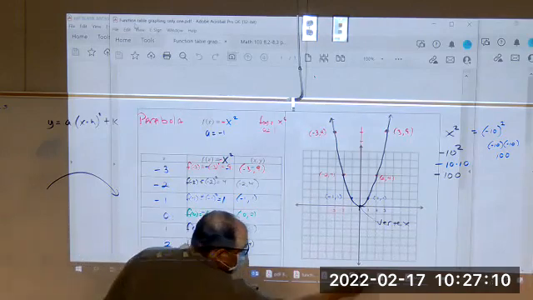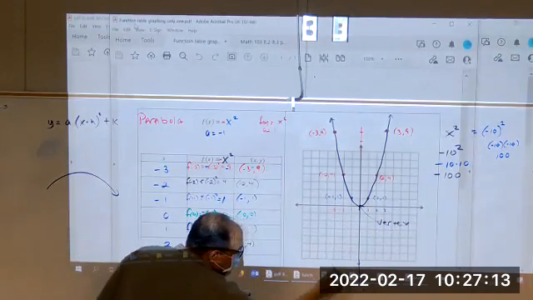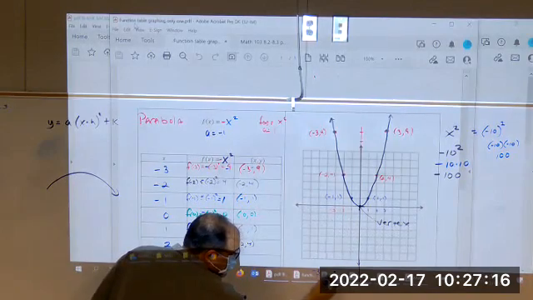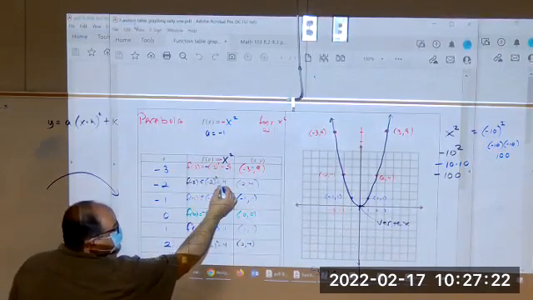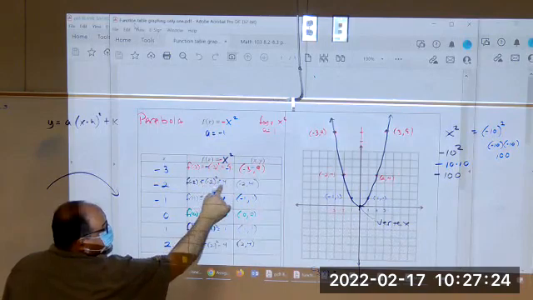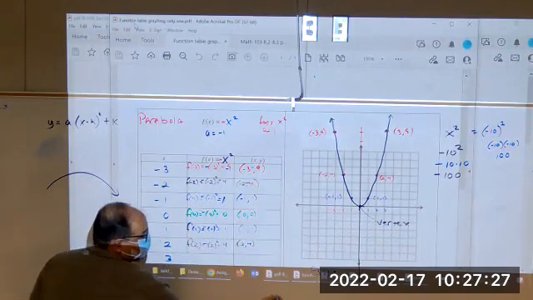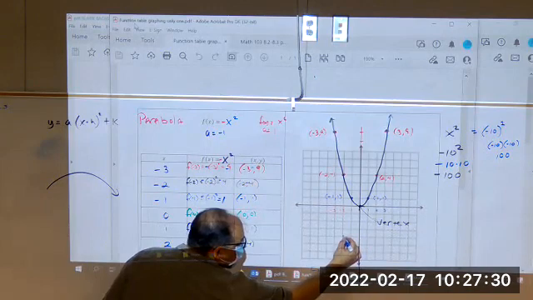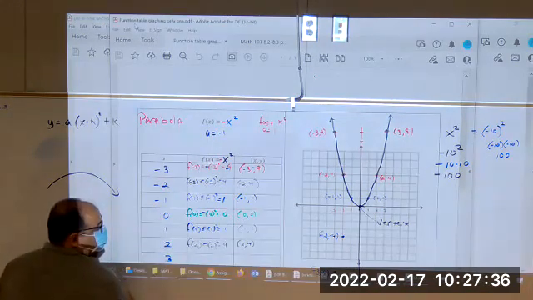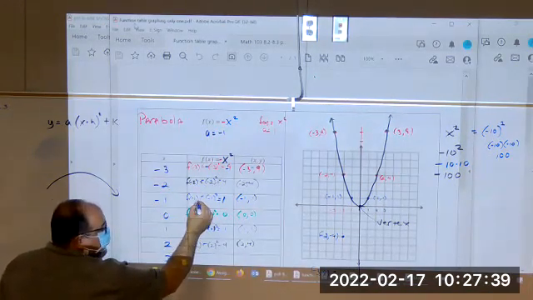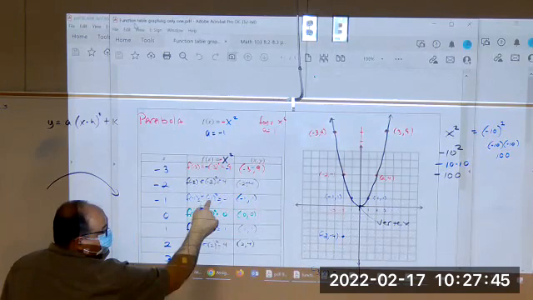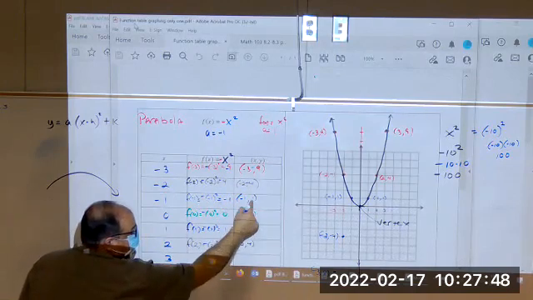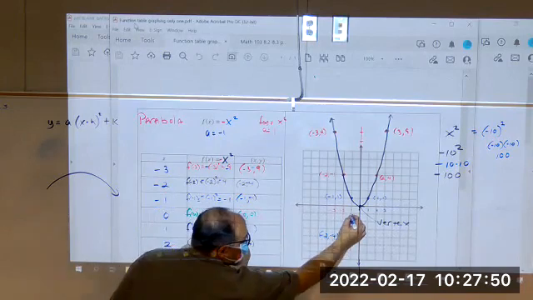And the answer would now be down here. When you square the negative 2, you get positive 4, but there's a negative out in front. So what comes out is now negative 4. So it's right here instead. When I square that negative 1, there's a negative out in front. So when we square it, positive 1, but then the negative in front makes it negative 1. So it's right here.